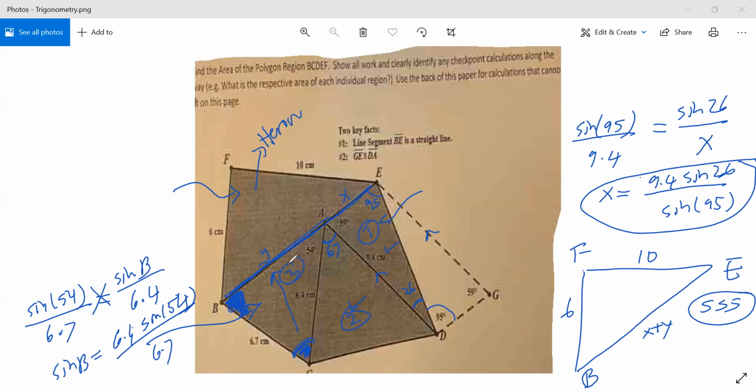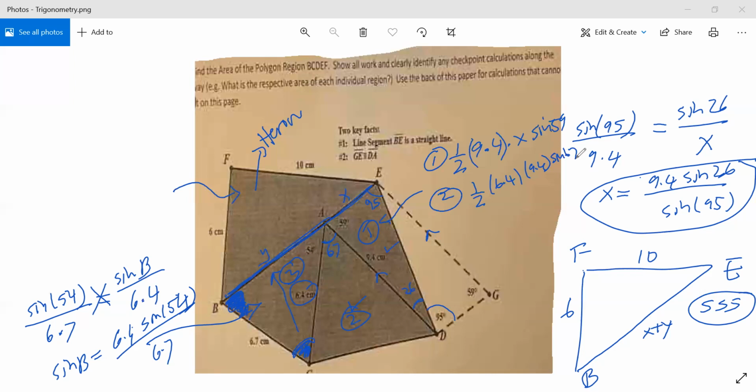And the sine formula is this. So I can just do this for number 1. Number 1 is 1/2 times 9.4 times x times sine of 59. That's the area of 1. For the area of 2, again this is side-angle-side, so I will use 1/2 times 6.4, that side, and then 9.4, the other side, and then times sine of 67.